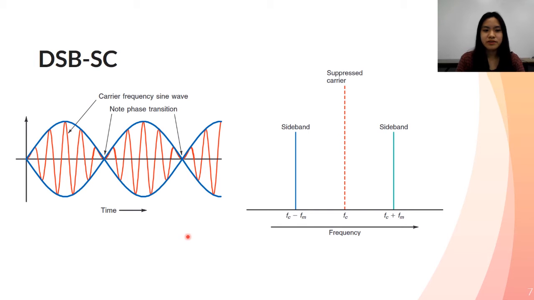That is one way to tell from an oscilloscope display whether the signal shown is a true DSB signal.